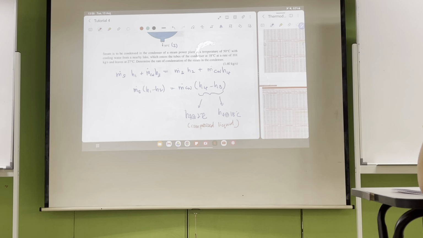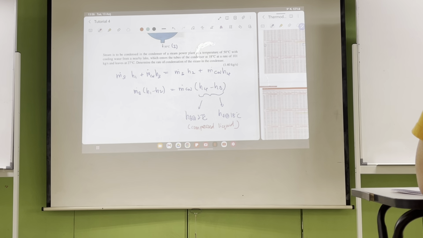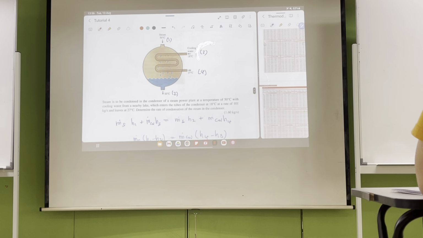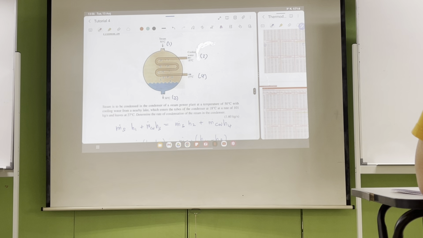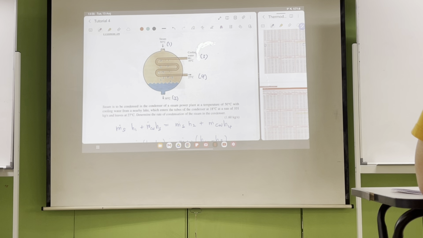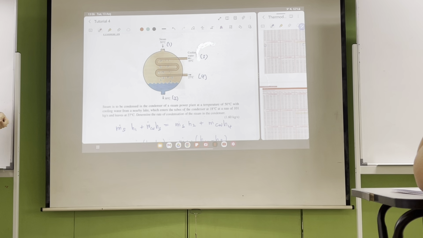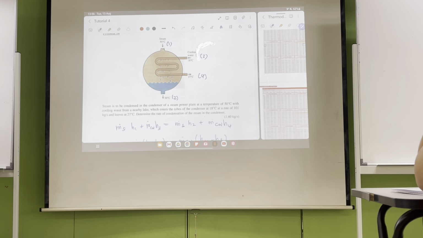Now the issue here is the left side. You need to find out H1 and H2. But what you have here is only 50 degrees Celsius. You don't know anything else, right? So what do we do? The tricky part here is there's one small assumption that you need to make, but don't really need also.